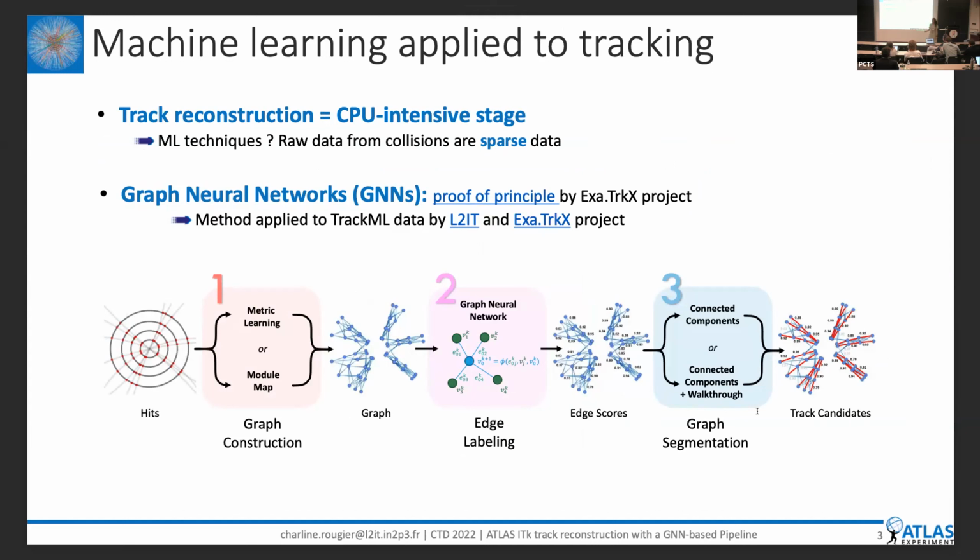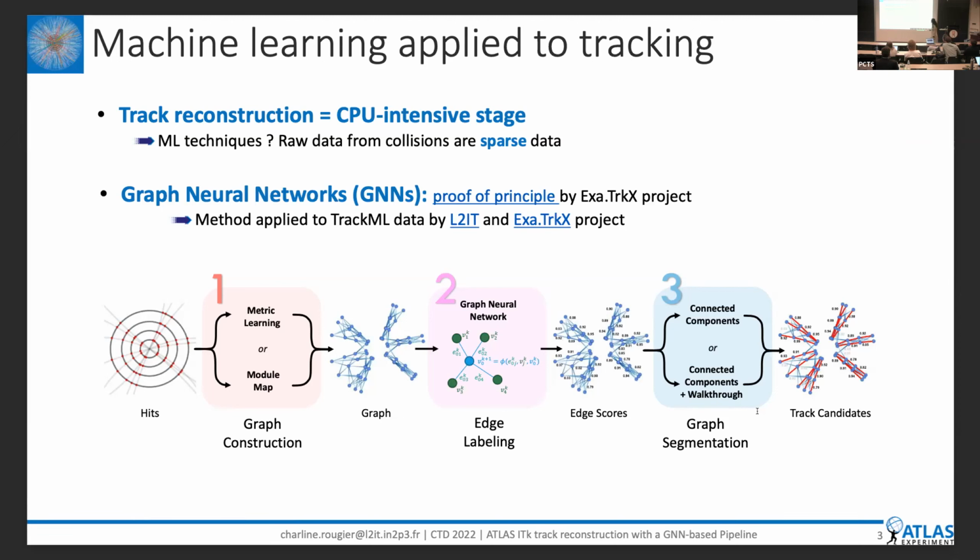So we have seen in the last Fora and also in the beginning of this workshop that graph neural networks apply very nicely to it. So we started with a proof of principle by the ExaTrkX project. And this method and proof of principle were extended to the TrackML challenge by L2IT and the ExaTrkX project. And now we are looking at implementing this method in the ATLAS ITk.